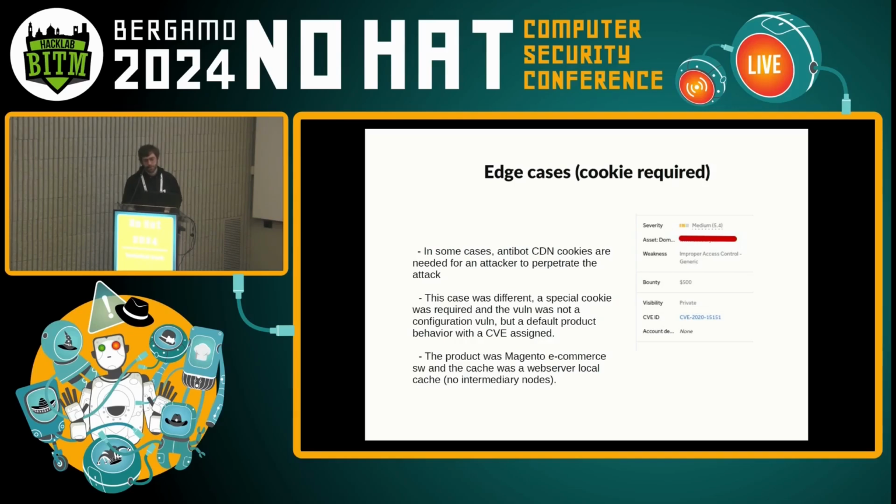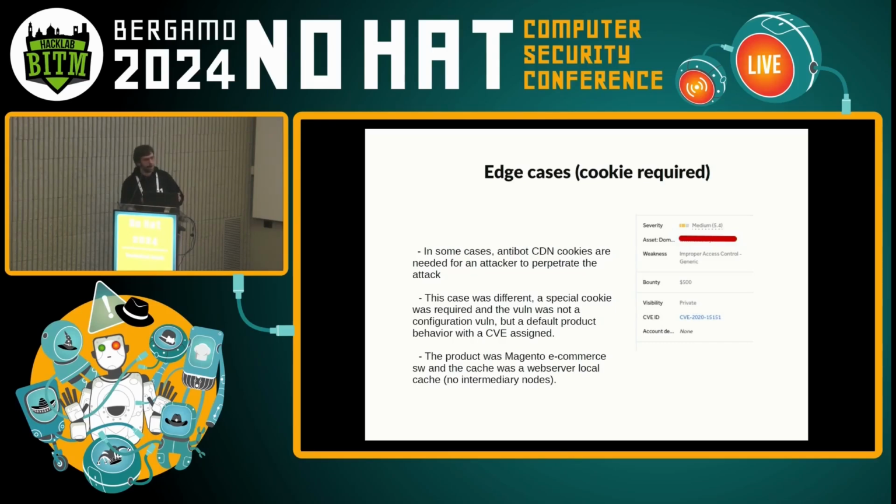was, basically, I was hunting on HackerOne in a program that has a lot of online shops, e-commerce, based on Magento. I found a very strange web cache deception, and the HackerOne triager assigned me a CVE. I tried to check this CVE, but the advisory was a little bit confusing.